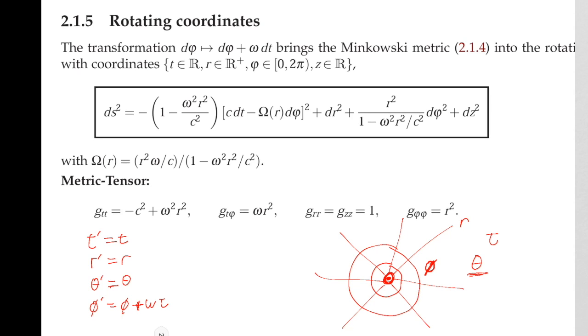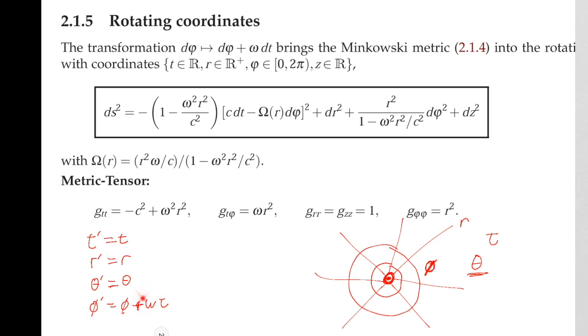First of all, notice that the coordinate system we're starting in is already the polar system, meaning the unprimed coordinates is the polar system. The prime coordinates is very close to the polar system except for this last coordinate, which is the transformation is that the phi coordinate in the new system is equal to the phi coordinate in the old system plus a certain constant, omega, times the time in the old system.